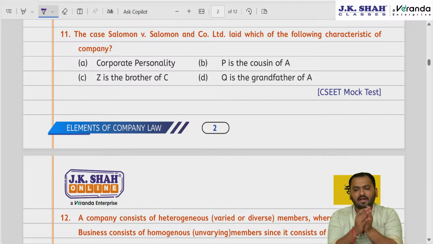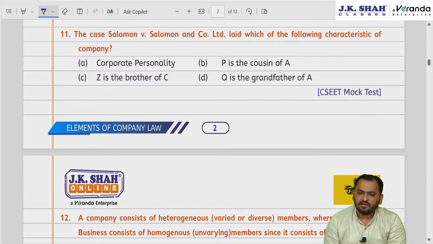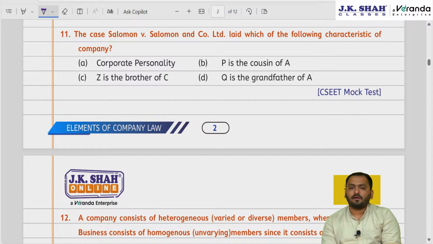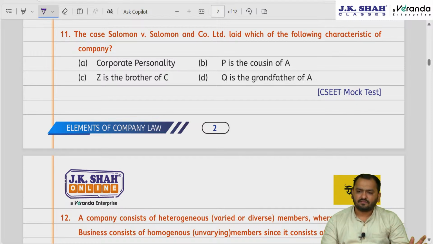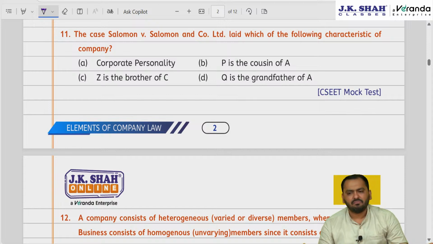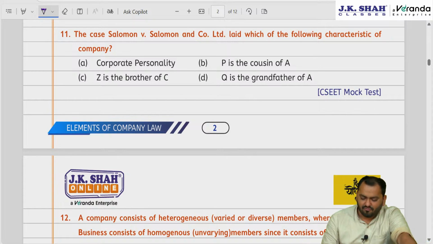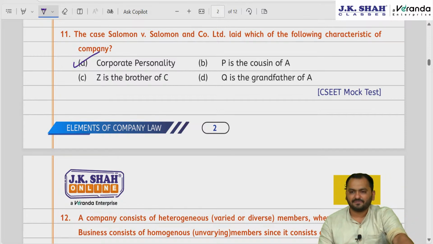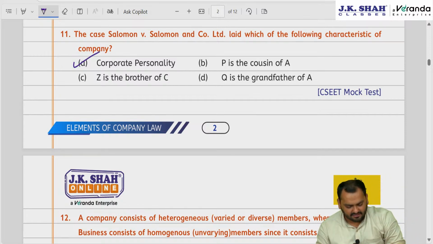Company is different and members forming the company is different. Why is that the case? Because company is having its own existence. So company is different and member is different. So obviously the case law is explaining us the corporate personality feature. Okay, so that is the case.